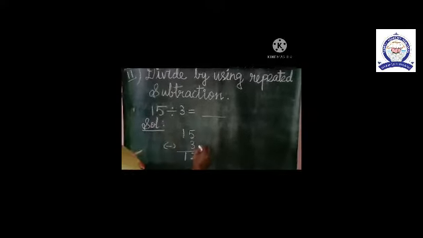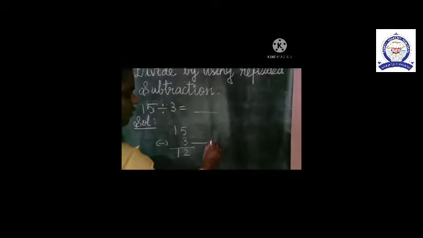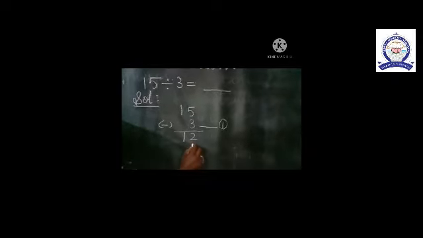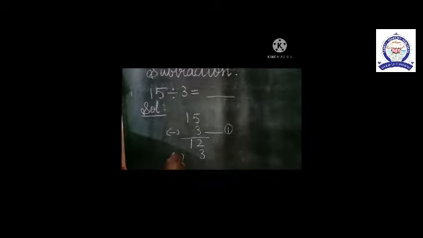How many times have you done the process? This is the first time. So you write 1. Again you subtract 3. 12 minus 3. You say after 3 up to 12: 4, 5, 6, 7, 8, 9, 10, 11, 12.